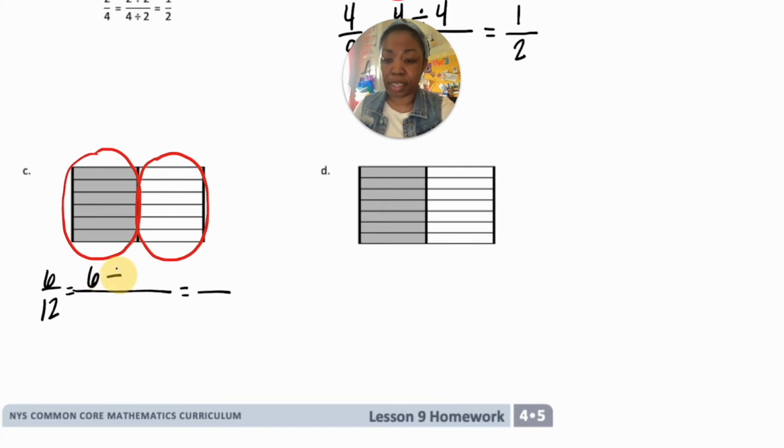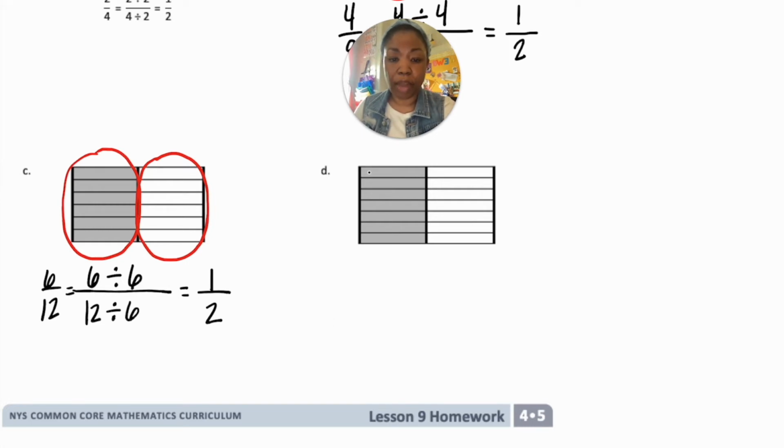We have 6 groups divided by 6 groups of 6, right? We started with 6 shaded, but we made a group of 6. So that means we have 1 group shaded. We started with 12 total parts. We made groups of 6. That equals 2 shaded parts. So 6/12 is equal to 1/2.